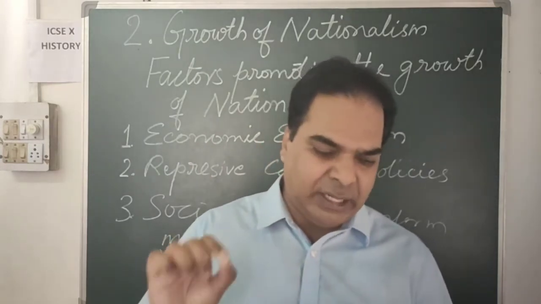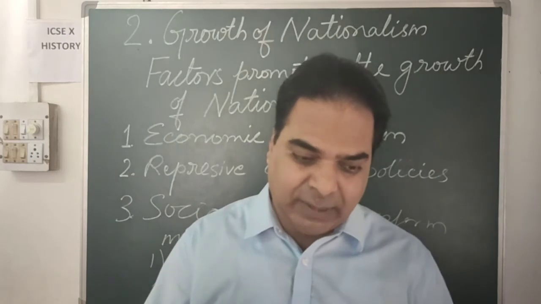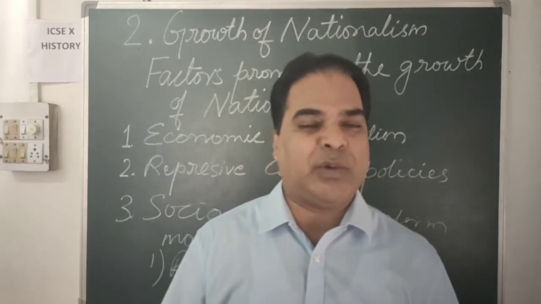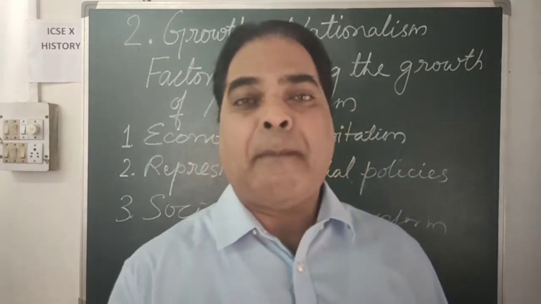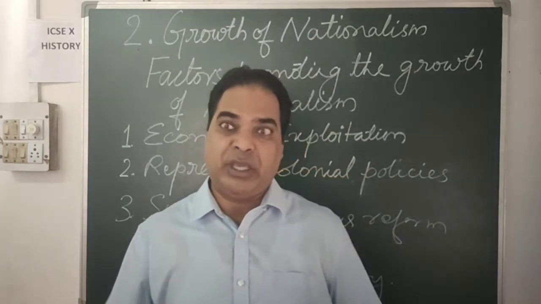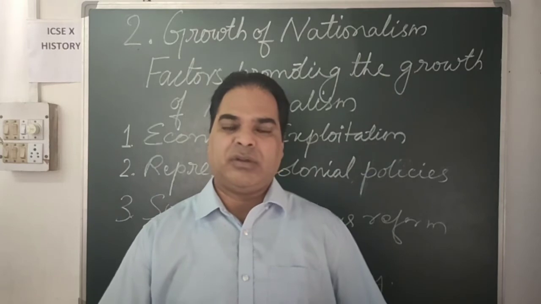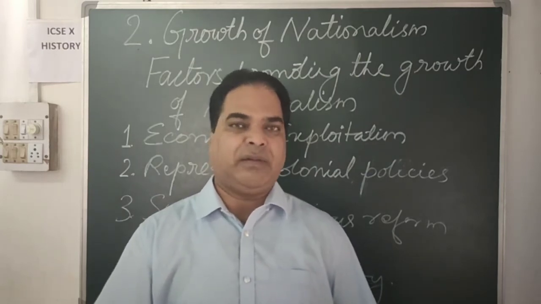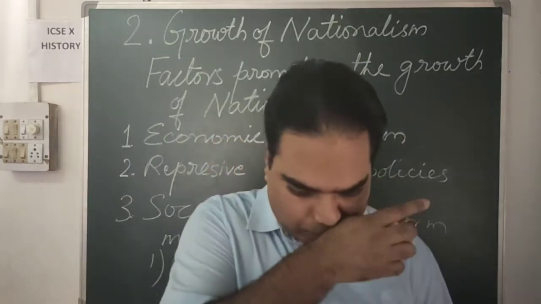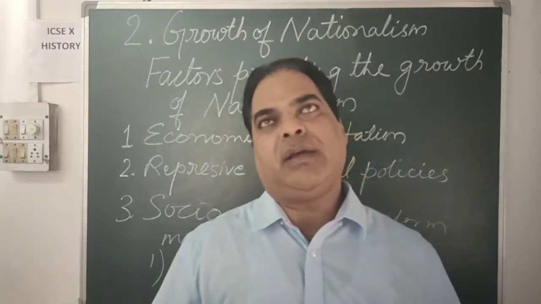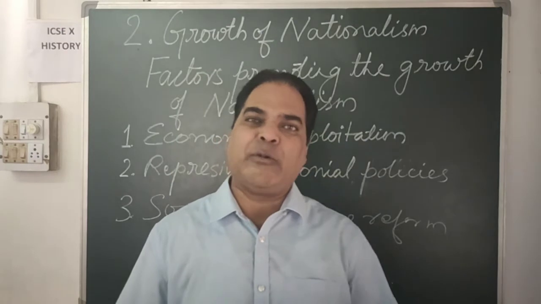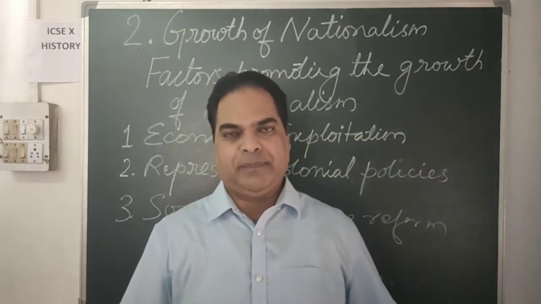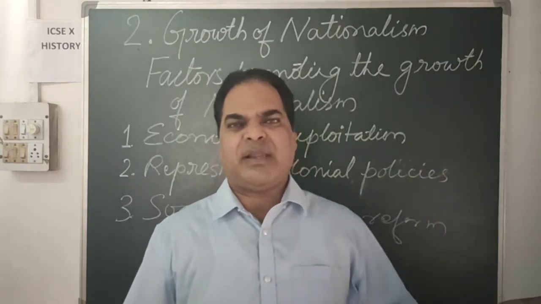So in the year 1829, Lord William Bentinck abolished the sati system and it was declared a punishable offence. So if anybody is forced to commit sati, then definitely they will be punished. Later on, the Widow Remarriage Act was also passed, in which widows were allowed to remarry, because at that time the child marriage system was there.